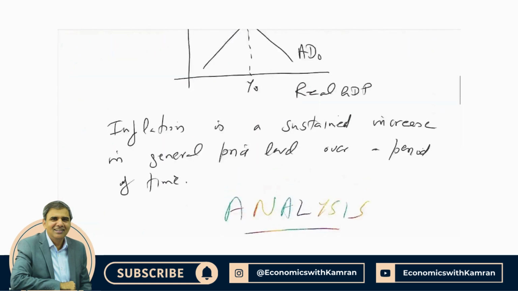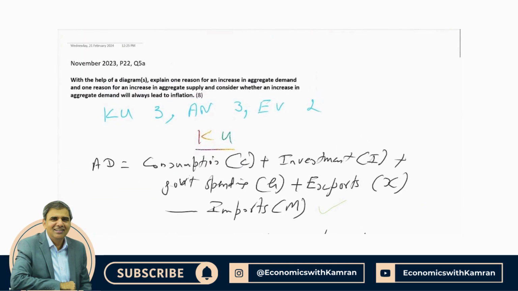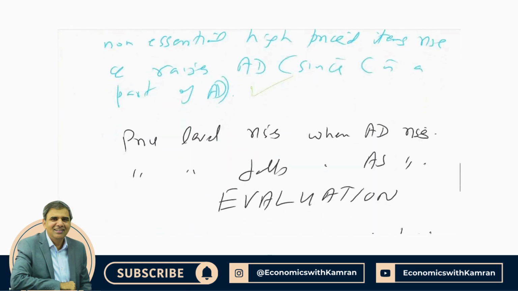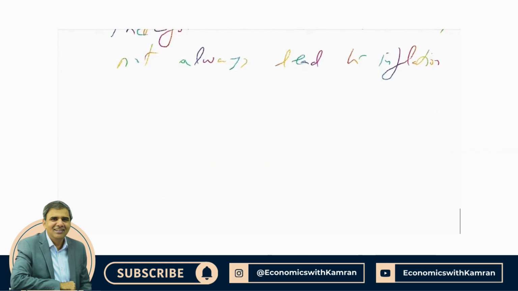If you look at the question once again, the line, consider whether an increase in AD will always lead to inflation. Now this part of the question is evaluation. And we are giving the conclusion, no, increase in AD will not always lead to inflation. So that's how we'll get the last mark available for this question, and that's how we'll get 8 out of 8. I hope you are understanding this.